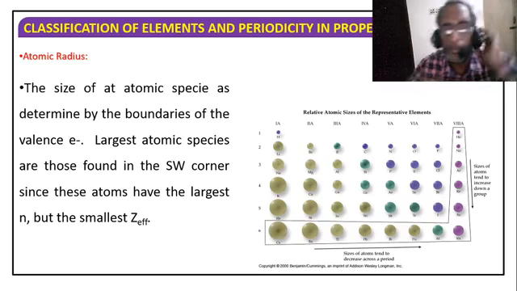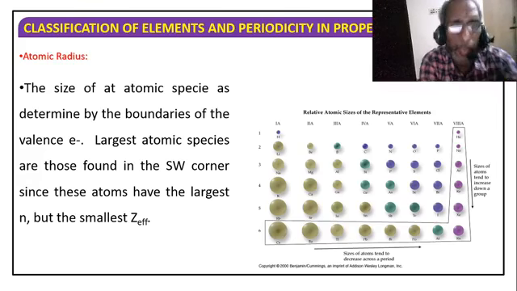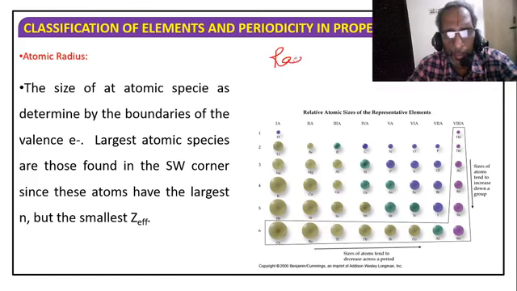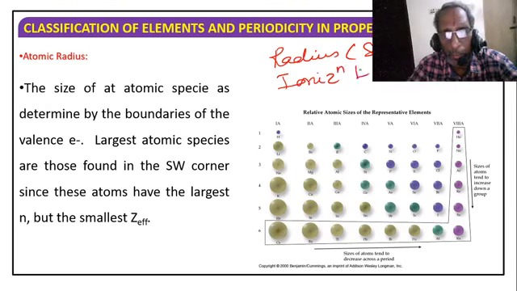Next, hereafter, please make a note. This is the essence of this chapter. Four important properties are to be noted. One is the radius of the atom or ion, whatever be the case. Radius is also called size. Second one is ionization energy or potential.